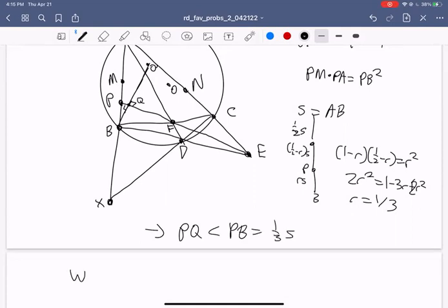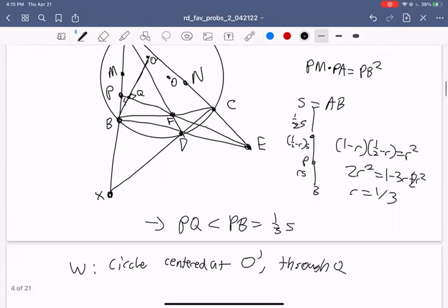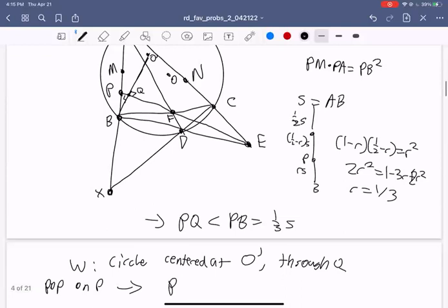We can define omega as a circle centered at O prime and going through Q. Then power of a point on P with respect to that circle tells us that PQ squared is equal to PO prime squared minus the radius, which is O prime Q squared.